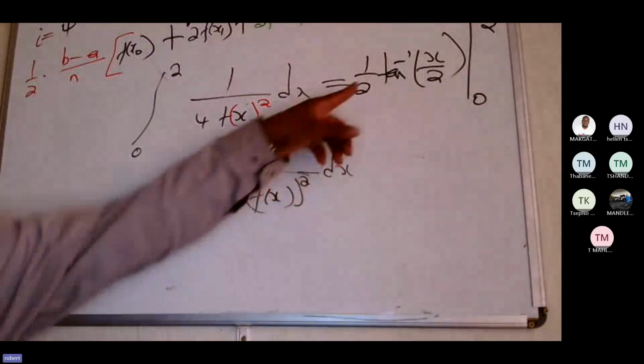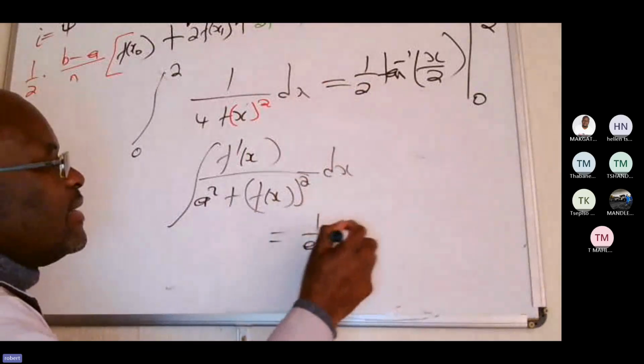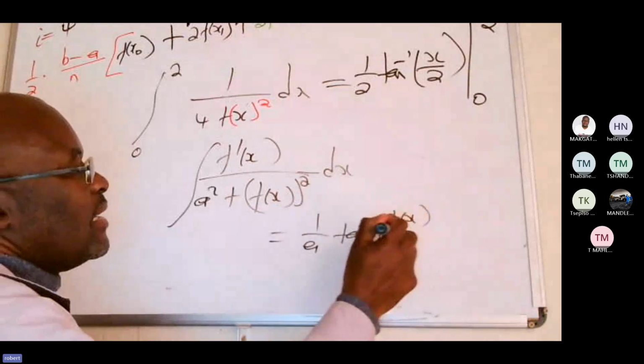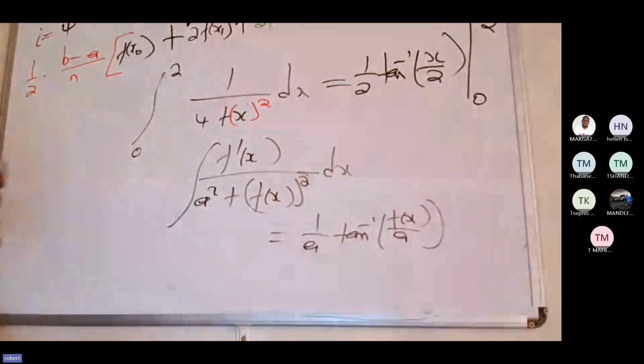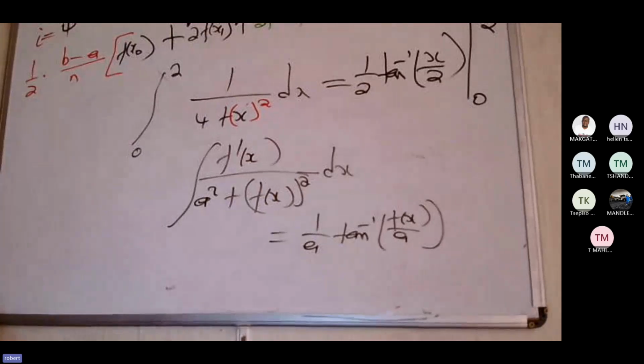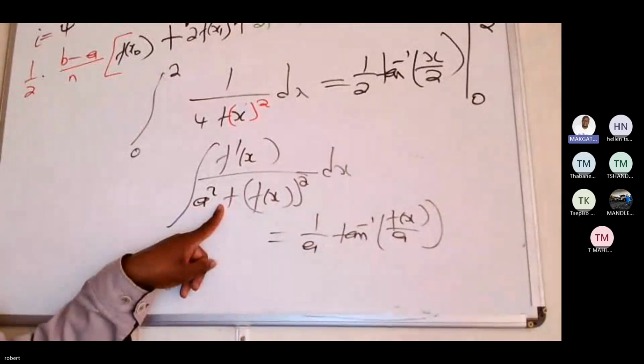This is 1 over a inverse tan, or you can say arc tan. It doesn't matter. It must be this. I'm not sure about the one that you are looking at. The one that you are looking at is not this one. Yeah, the one I was looking at starts with the f prime.